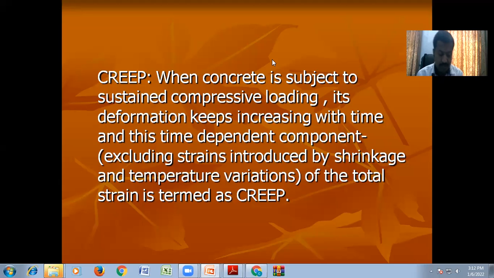Up till now, you have realized concrete looks very simple, but my dear students, concrete is not that simple. It is that complicated also. Though it looks very simple, it is a very complicated process: making the concrete, putting it in one of the structural elements, maybe your slab, beam, or column, and checking its durability and other physical or mechanical properties. To prepare the concrete, you require skill, definitely.